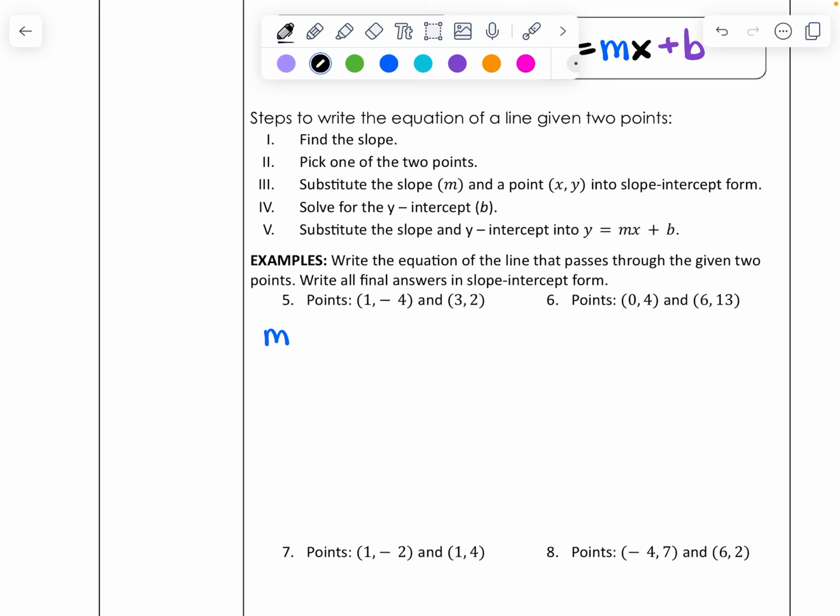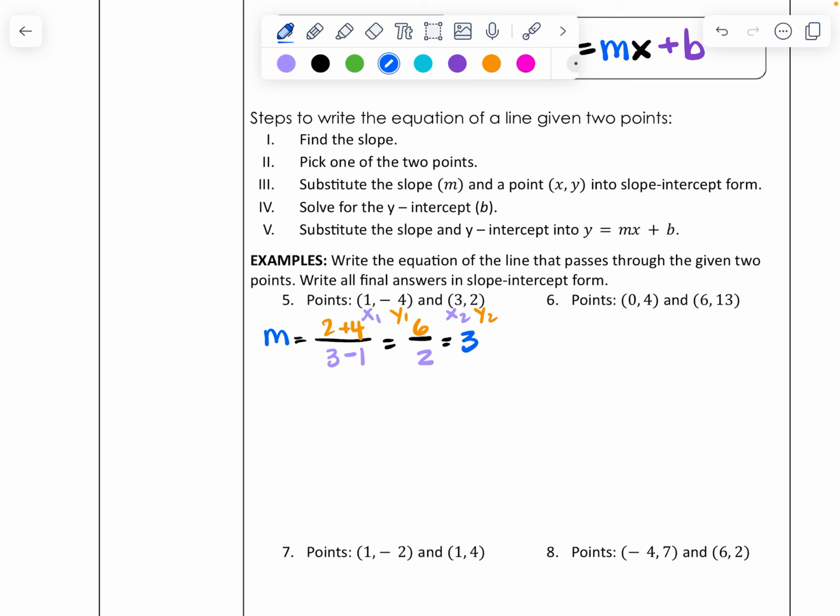So I'm going to calculate my slope here. x1, x2, y1, y2. 2 plus 4, because we're subtracting a negative. 3 minus 1. So now I have 6 over 2, which simplifies to 3.